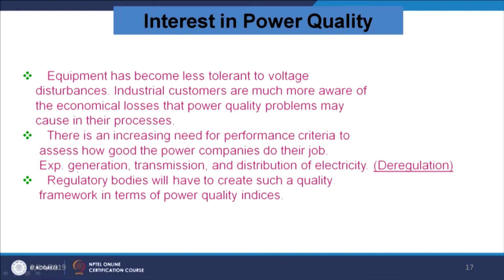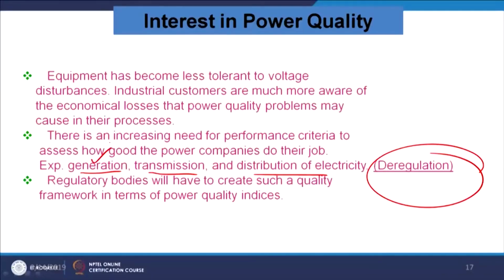For example, generation, transmission as well as distribution of electricity are separated, and that is also called deregulation. So, regulatory bodies have to be created to monitor the framework of generation quality, transmission quality and distribution quality. We have to see that at the generation level there is no problem, at the transmission level losses and congestion should be reduced, and at the distribution level the power quality problem is also regulated.